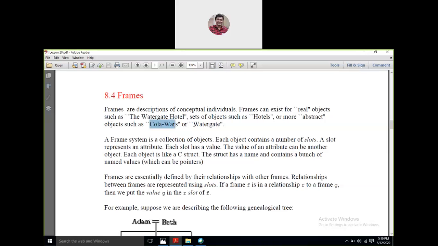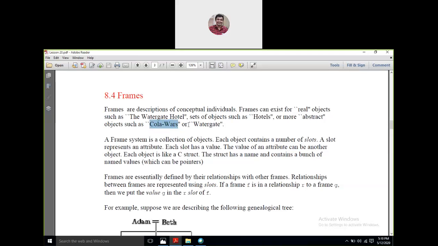Now, what is the basic difference between the Watergate Hotel example, the hotels example, the Cola Wars example, and the Watergate example? Here, this is a specific class within the superclass called hotels. In the abstract case, Cola Wars may be a game, maybe some kind of name given to some happening.